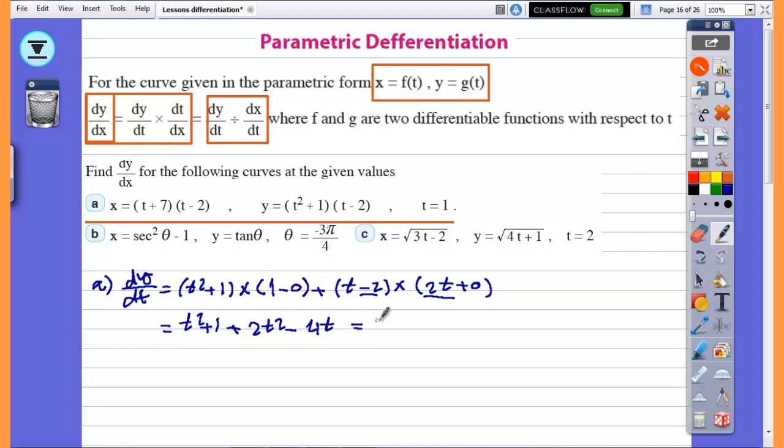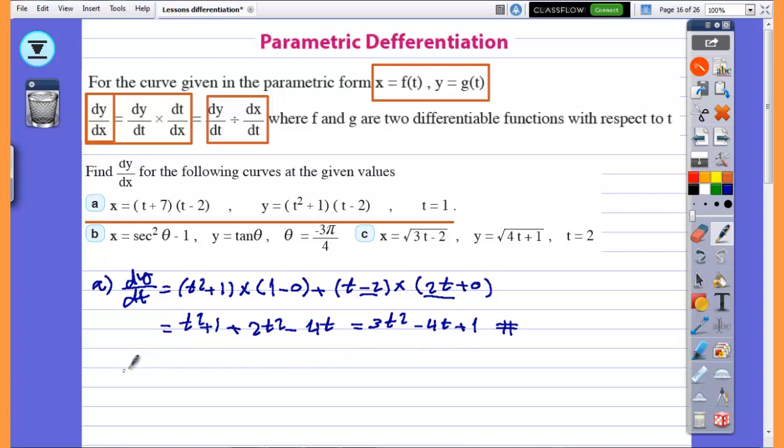It is equal to 3t squared minus 4t plus 1, and this is the first step. dy/dt equals 3t squared minus 4t plus 1.